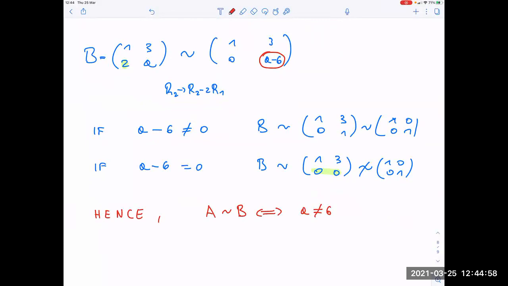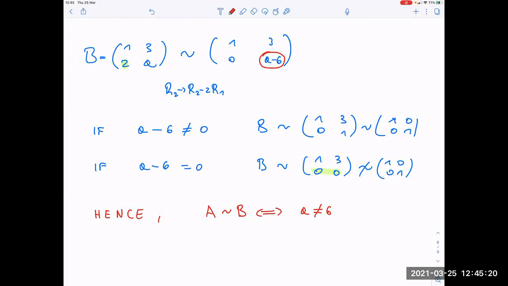So what is the idea? That to be row equivalent, a zero determinant matrix can only be row equivalent to some zero determinant matrix. So whenever B has zero determinant, it cannot be row equivalent to A, because A does not have zero determinant.